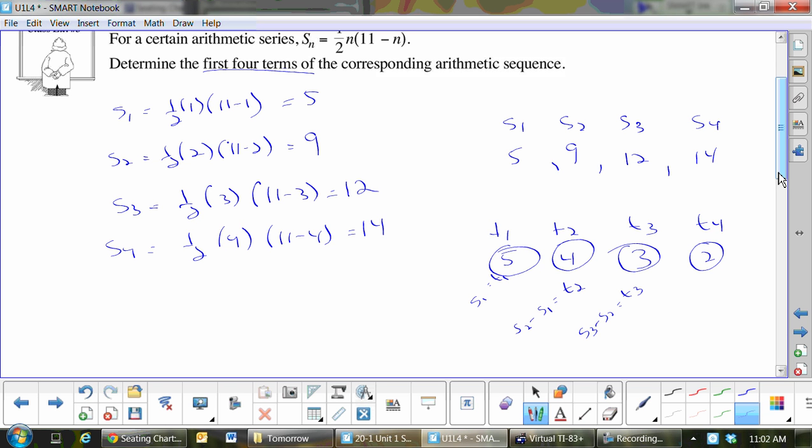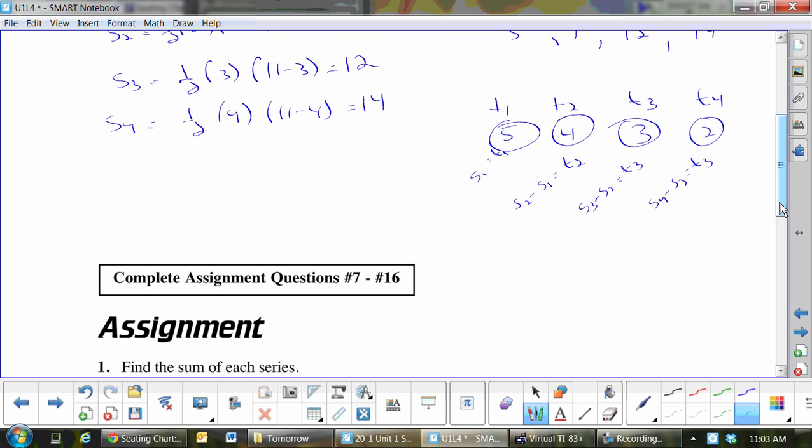But what would be the formula? How do you find the formula for T4? S4 minus S3 equals T4. So what would be the general formula to find any term in a series?